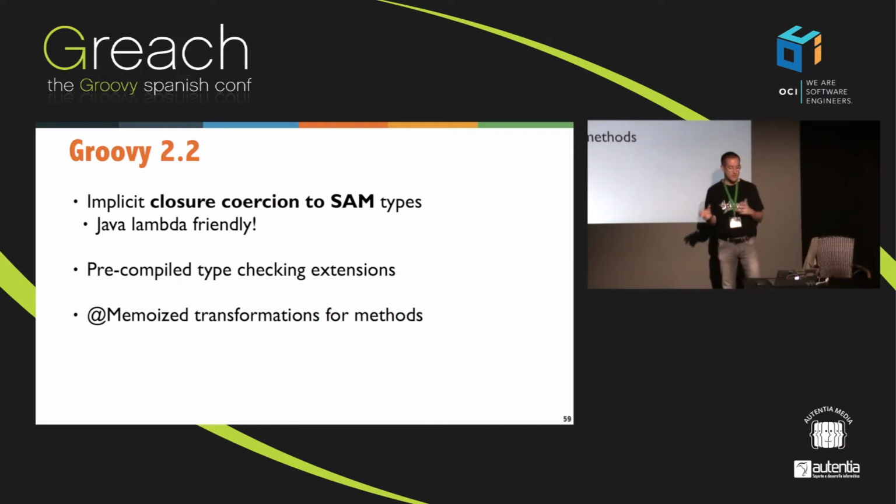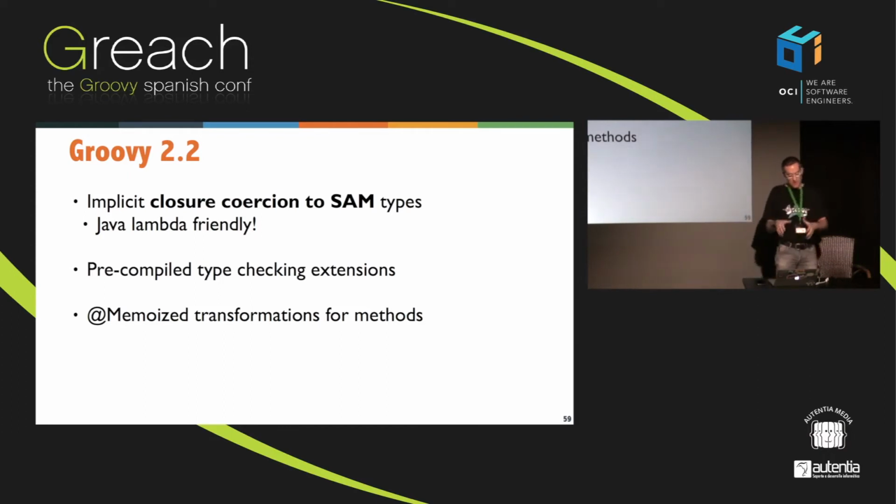When you use lambdas, a lambda can be coerced into a functional interface, and that's pretty much the same mechanism as our closure coercion mechanism. So it was Java lambda friendly already even before Java 8 was released. And you could use a Groovy closure wherever later on a lambda would be used. So that was quite handy.